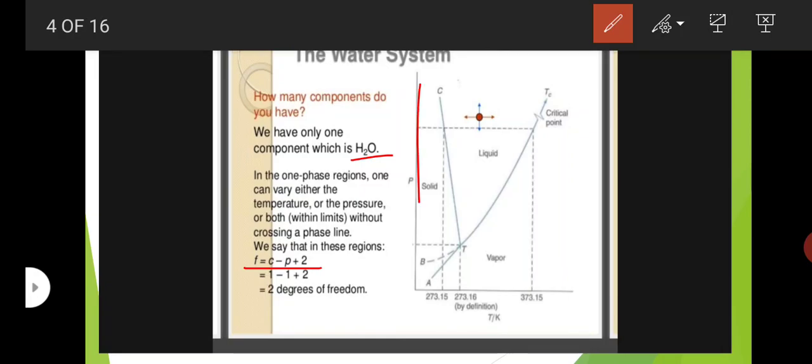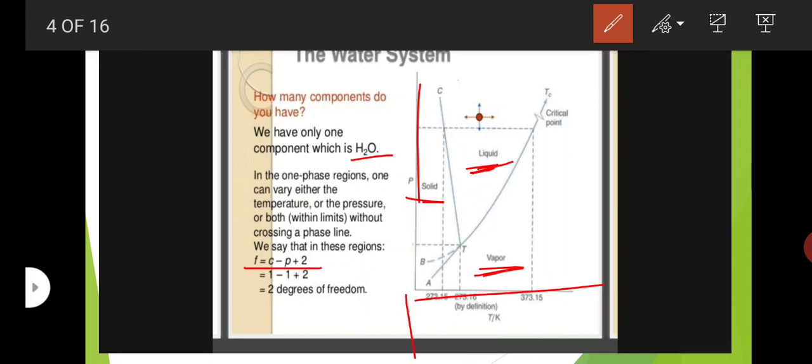Here this is P, and this is temperature. The phases here are solid state, liquid state, and vapor state. Here we are taking solid, meaning ice. We increase the temperature, that solid is converted to liquid. Then with increasing temperature, the liquid is converted to vapor.